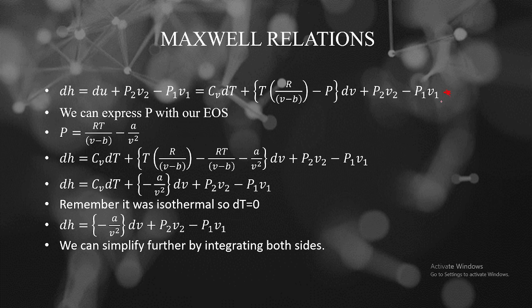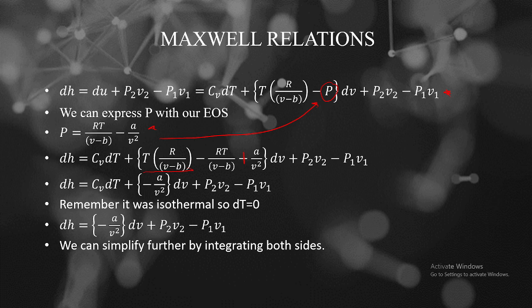So it's the same expression we have here. But remember, there's still a P in here, and we had the equation of state to be this. So I can replace the P here with that. If I do, I'll have the T times R over V minus B minus this whole expression. So it's going to be minus RT over V minus B, and this was supposed to be plus because it's minus the whole expression, so plus A over V squared.